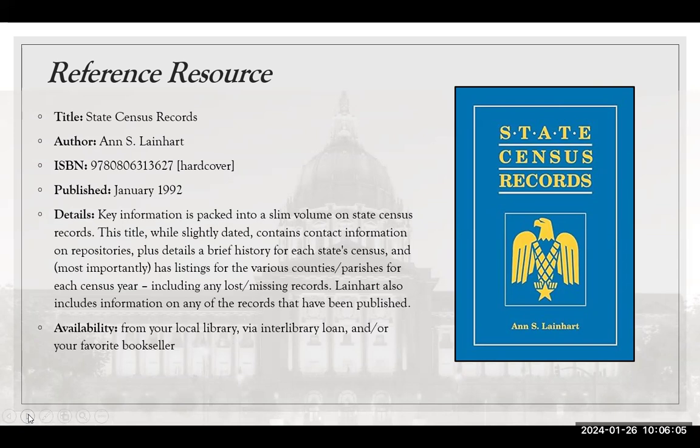So especially if you're dealing with New York State census records, this volume is really handy, and it outlines for every single state in the union. This one's also available from your local library or interlibrary loan or your favorite bookseller. I know Amazon's not a great word for some of you, but I did make sure they're all available on Amazon for a reasonable price.